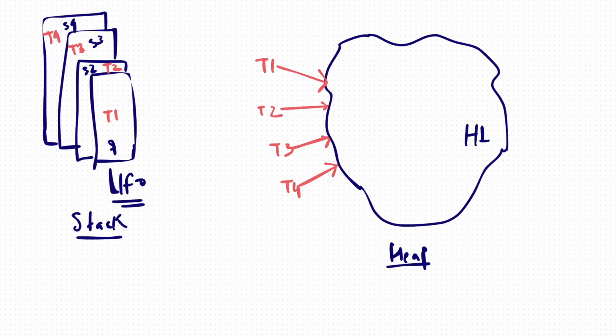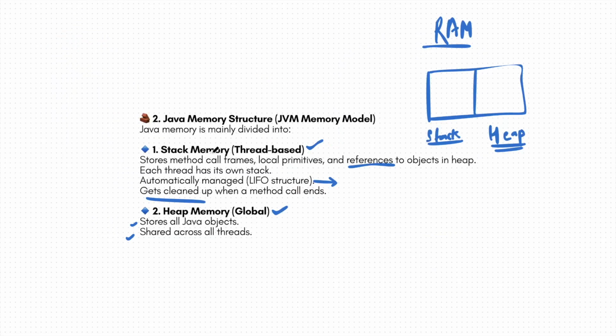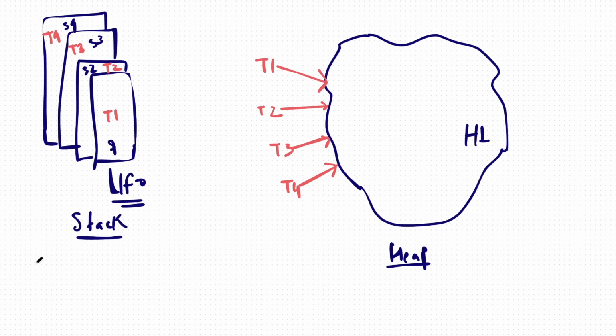Alright, cool. Now, let's come here once again. What does stack memory store? The stack memory basically stores your local variables. It stores your object references.